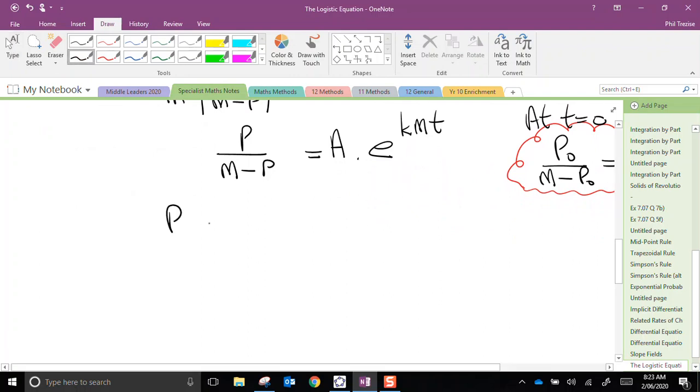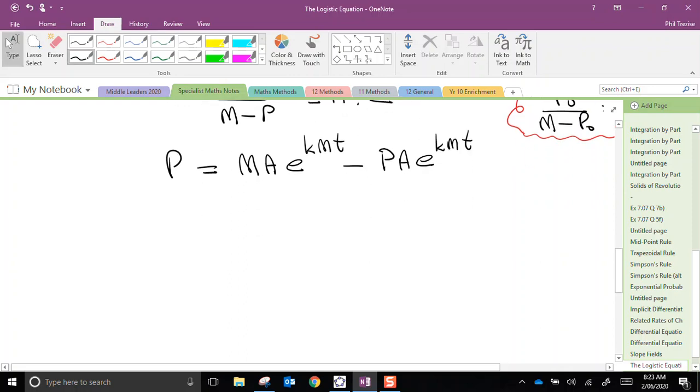So let's have p here, multiplying the m minus p to the other side. I would have m times a times e to the k m t minus p times a times e to the k m t. So on the other side here I would have p plus p times a times e to the k m t equals m times a e to the k m t.